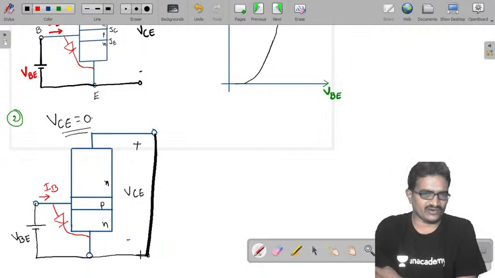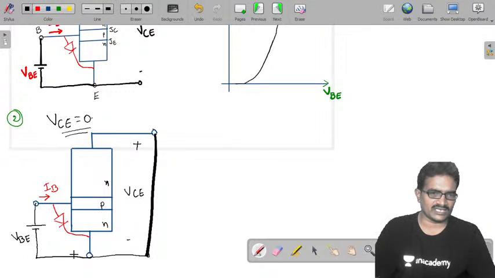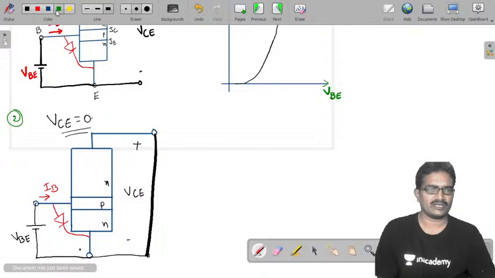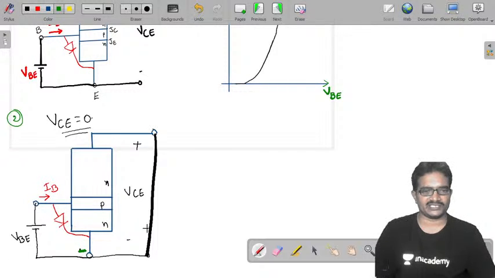Once VCE is 0, whatever the negative terminal of VBE we connected to the emitter, the same negative voltage is forwarded to this collector terminal. This is the collector terminal, emitter terminal and base terminal.